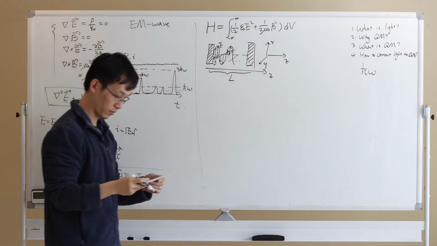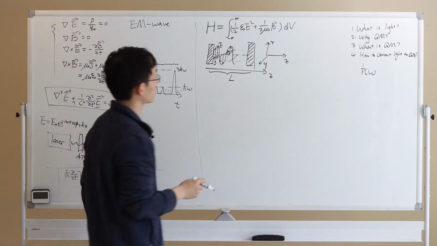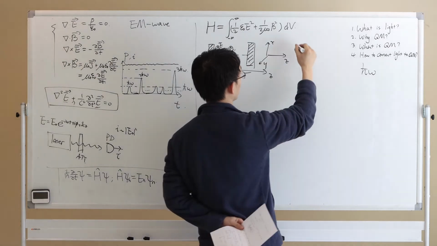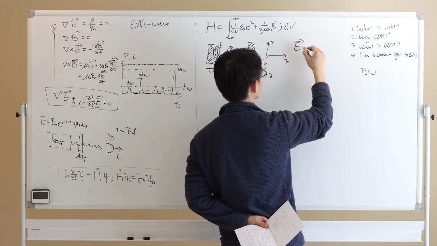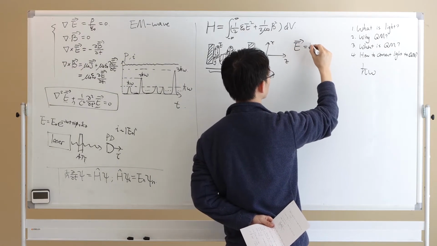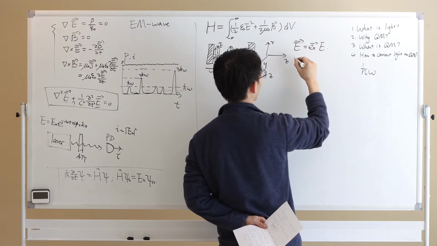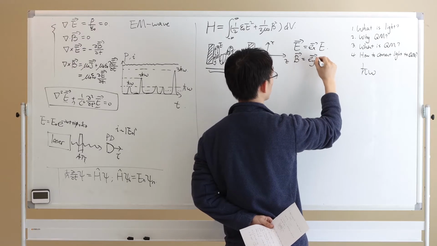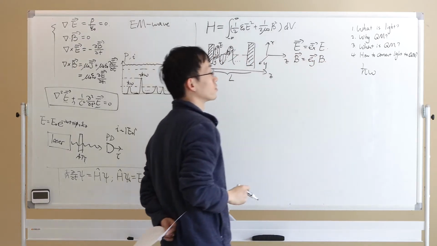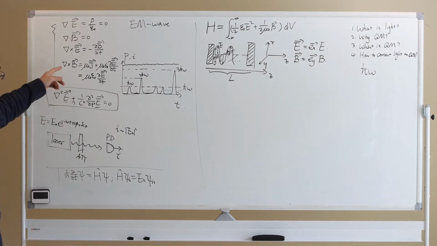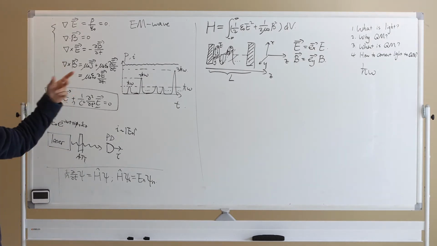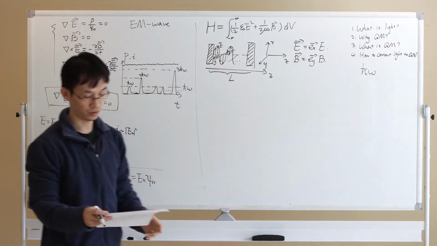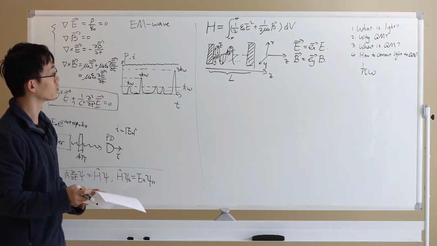To keep it simple, we say E is E_x, B is E_y. When you do the curl, you can use a simple rule to figure out the numbers there.